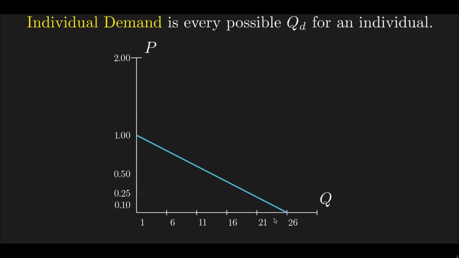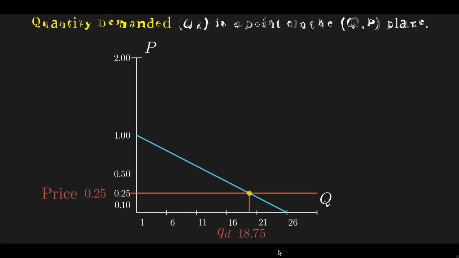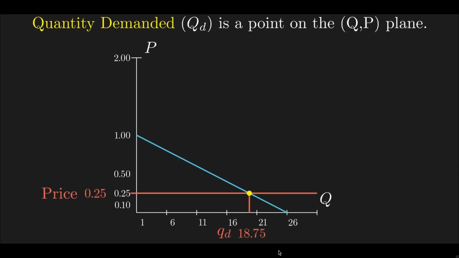And if you have more interest in studying more complicated demand curves, there are many more classes for you. So when we talk about a demand curve, one of the things it allows us to do is ask questions about prices and quantities.